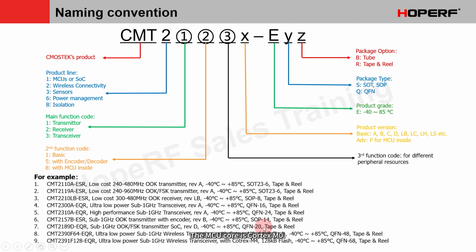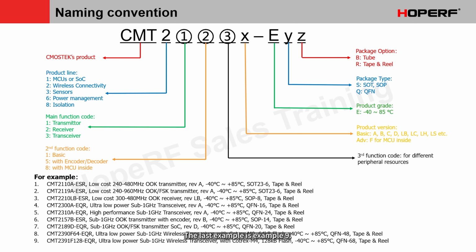The MCU core is Cortex-M0. The flash ROM capacity is 64 KB. It is an industrial specification product, with a temperature range of -40 degrees Celsius to +85 degrees Celsius. The packaging letter Q represents QFN 48. And the packaging is tape and reel.